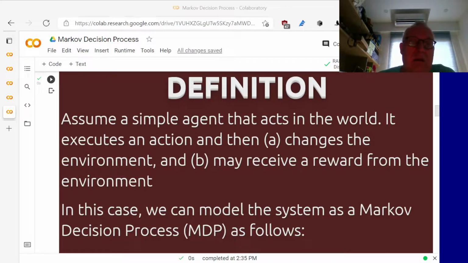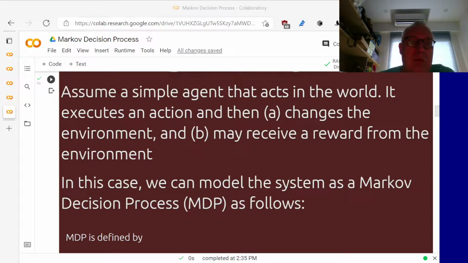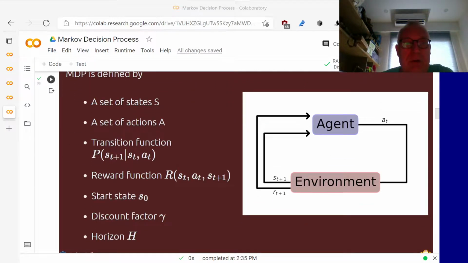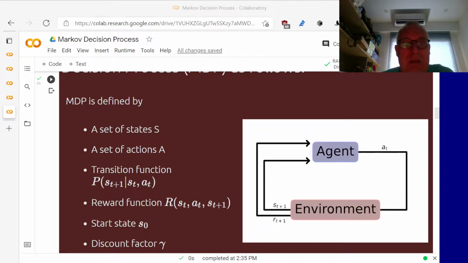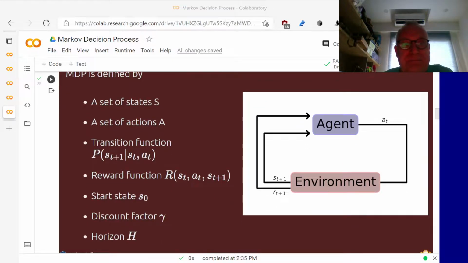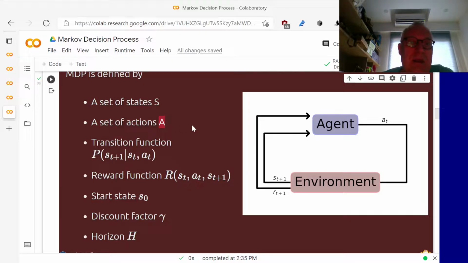And then the resulting system is called a Markov decision process. So a Markov decision process can be defined by a set of states S, a set of actions A that the agent can execute, a transition function that specifies if I'm in state S_t and I execute action A_t, then what's the probability that I end up in state S_t+1?